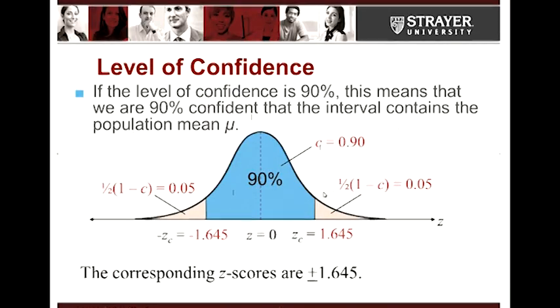Then, using the ALEKS calculator, which I'll show you in just a minute, you would find that your Z-scores are positive and negative 1.645.